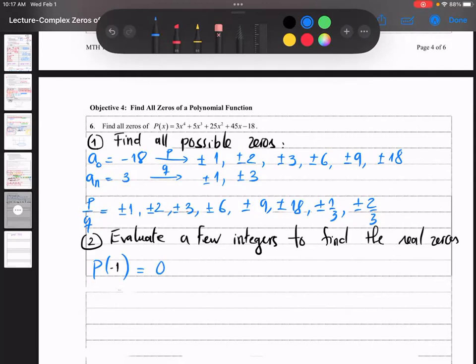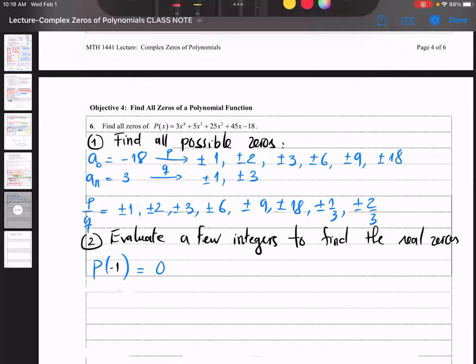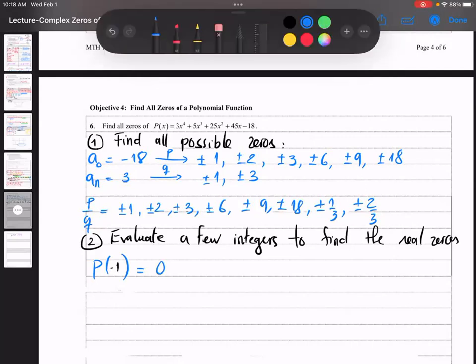Next, you're going to try either positive 2 or negative 2. Let me tell you, on your exam, you will have a polynomial of degree 4. Then how many divisions do you need to reduce down to a quadratic? 2 divisions, right? So you need 2 zeros. We found 1. We need 1 more. If you plug in 2, again, it's not going to add up to positive 18 and cancel the last negative 18.